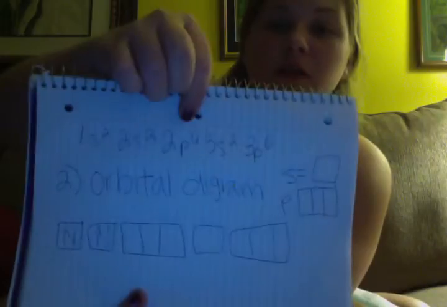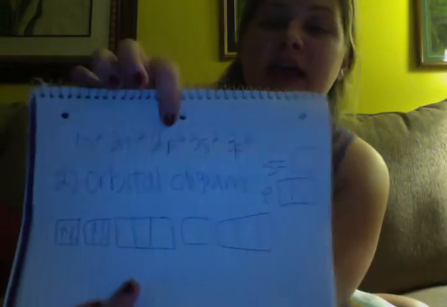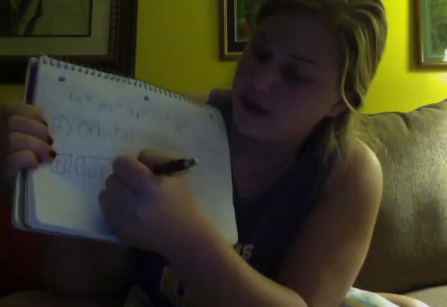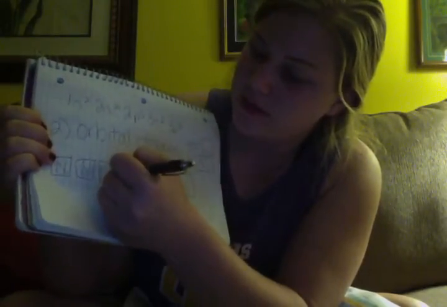And then you look at the 2p6, and that has 6. So you first fill up the arrows going up. So, oh, my pen's not working.